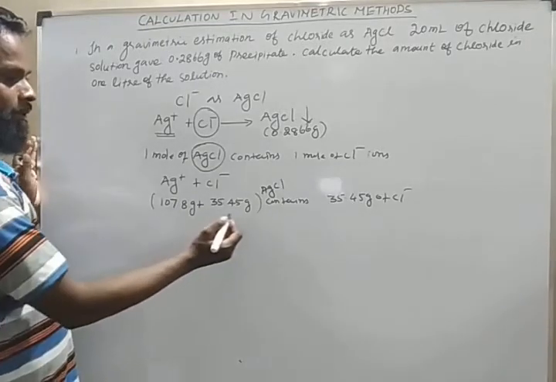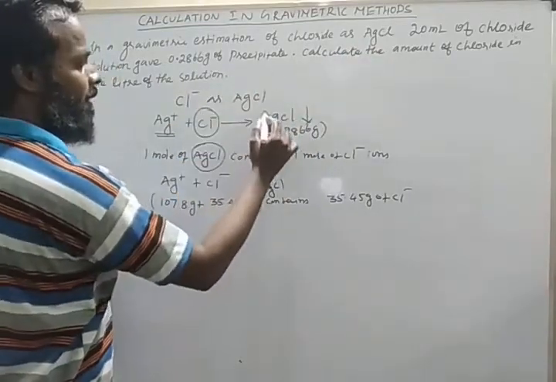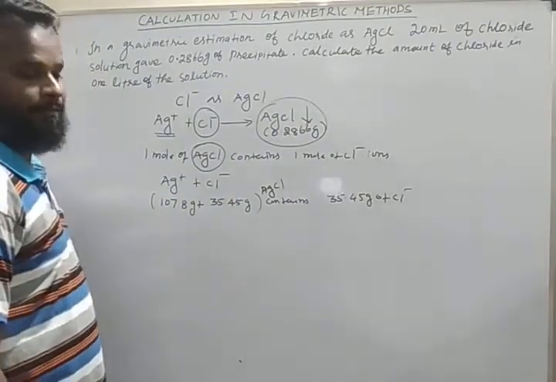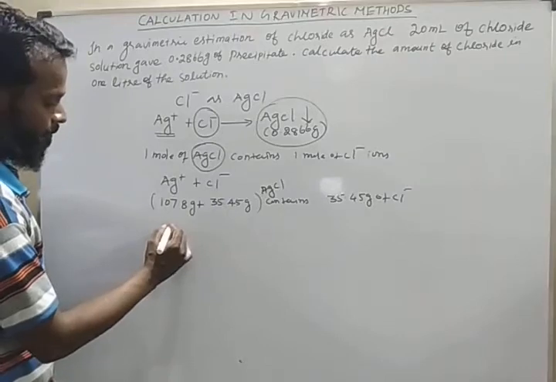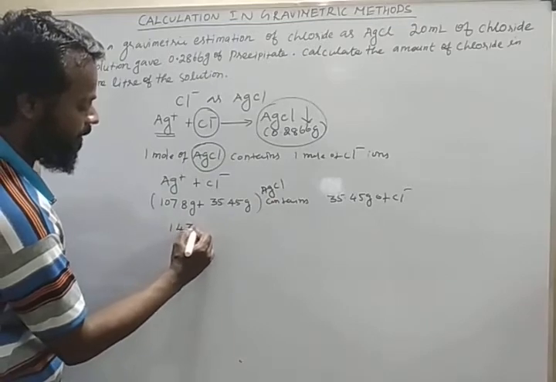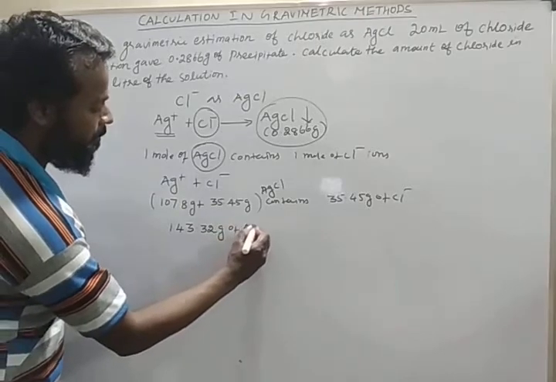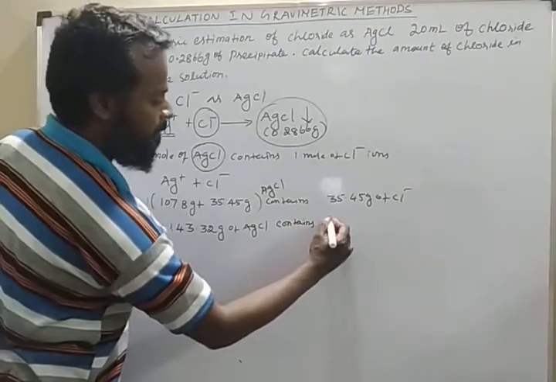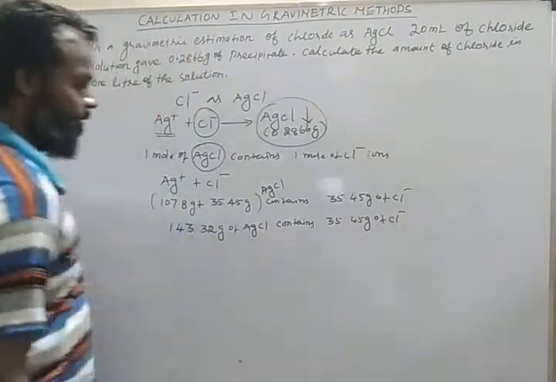Then here in the problem, the formed precipitate contains 0.2866 gram of AgCl. If you add these two things, you will get the value, that is 143.32 gram of AgCl contains 35.45 gram of chloride ion.